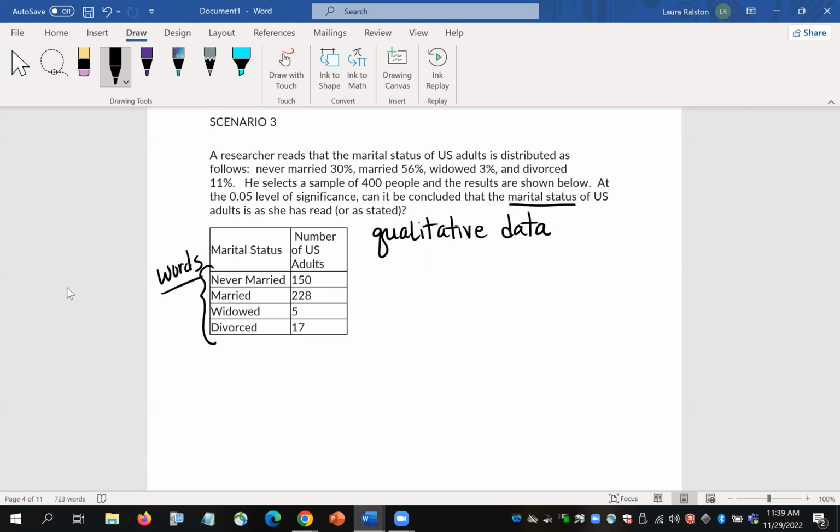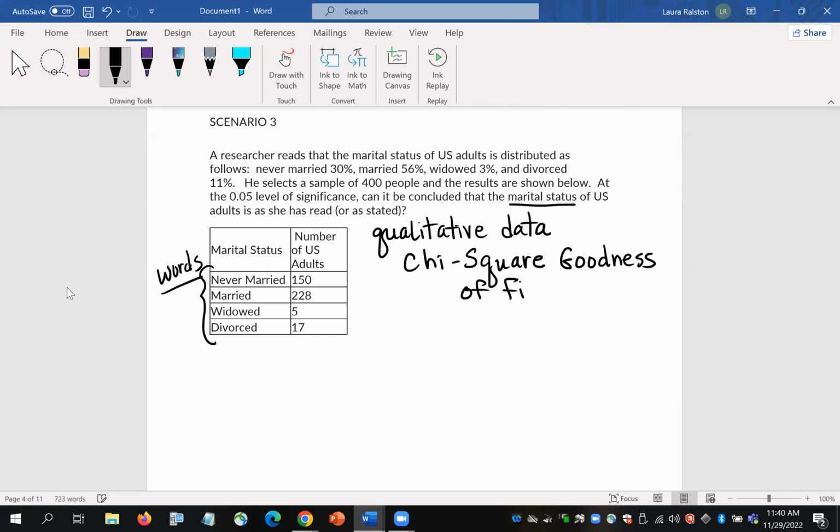Primarily, it's the last three: chi-square goodness of fit, chi-square test of independence, or chi-square test of homogeneity. I'm pretty sure this is one of those, but I need to decide which one. We're trying to decide if the marital status is the same as she's read. Does it fit? Does it follow the distribution? So this is actually chi-square goodness of fit.